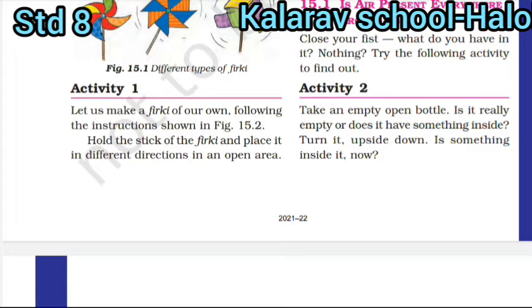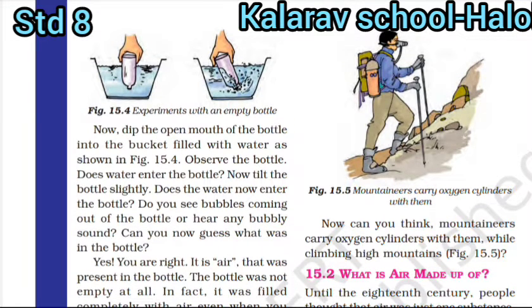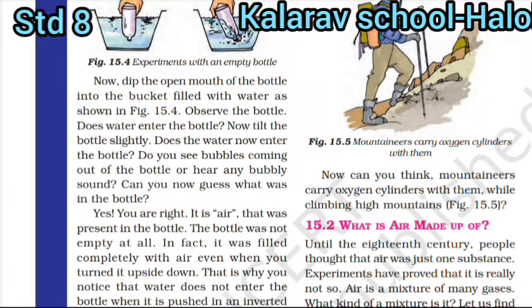Turn it upside down. Is something inside it now? Now dip the open mouth of the bottle into the bucket filled with water as shown in the figure. Observe the bottle. Does water enter the bottle?